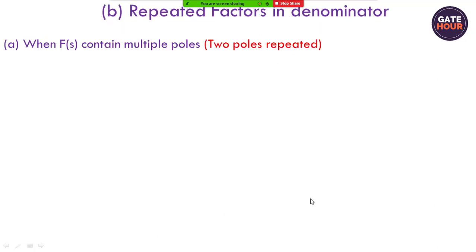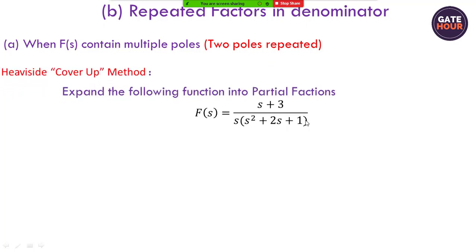Now I am going to the second case, when our denominator has repeated poles. I am considering that the first two poles are repeated. This is an example given, and remember this term we can simplify again. It is s plus 1 the whole square. So we can rewrite it as s plus 3 divided by s into s plus 1 the whole square.